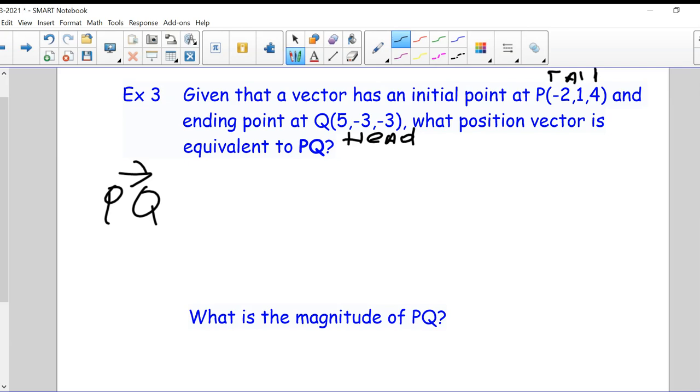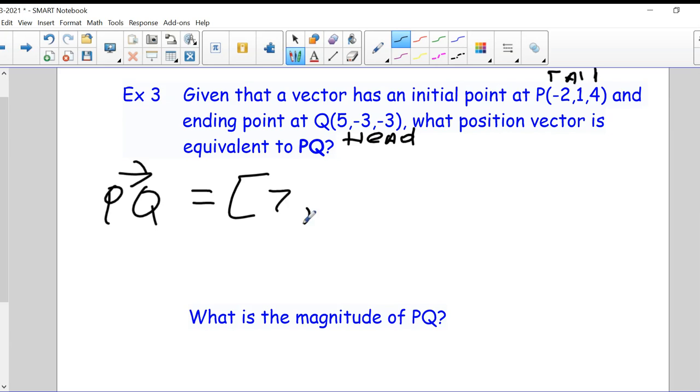Head minus tail. So starting off, give me the first component of this new vector. Remember, head minus tail. 5 minus minus 2, so what would that be then? 7.